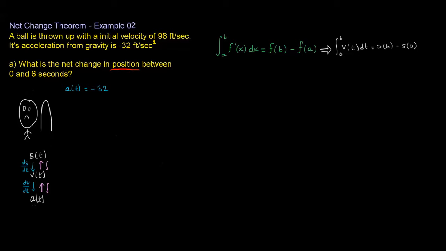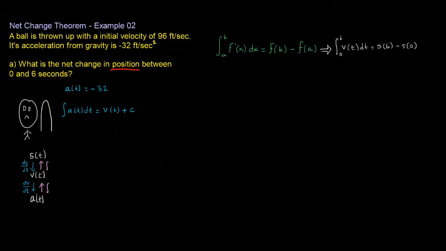I'm going to skip using the unit just to write it quickly. So if we take the antiderivative of acceleration, its antiderivative would be the velocity plus a constant.